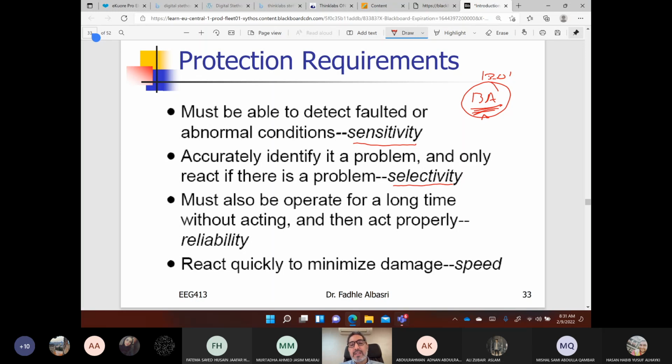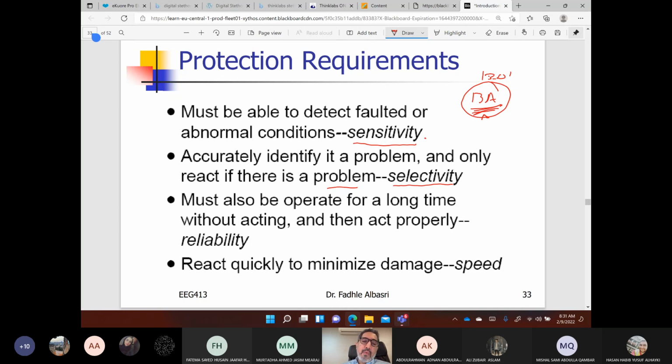So its ability to identify a problem that has happened, this is related to its sensitivity, and only react if there is a problem, and only the faulty equipment is removed from the system.